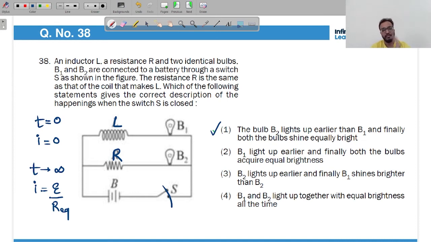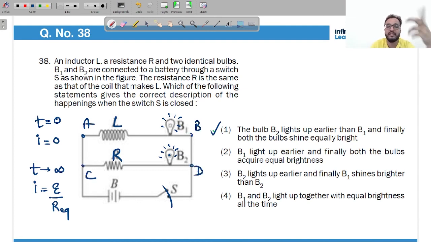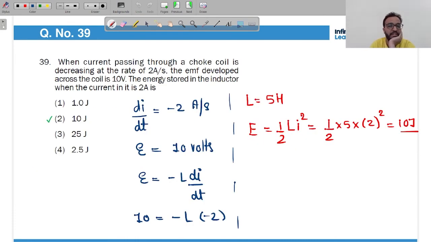So the bulb B2 will be powered up immediately, but B1 will be powered up after some time, but both will glow equally. Why? Because the overall resistance of circuit AB and circuit CD is the same, so the bulbs will glow equally.